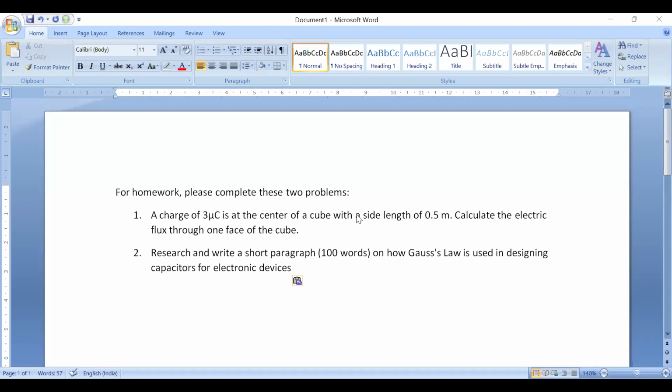Please complete these two problems. First problem: a charge of 3 microcoulomb is at the center of a cube with side length 0.5 meter. Calculate the electric flux through one face of the cube. Second: research and write a short paragraph of 100 words on how Gauss law is used in designing capacitors for electronic devices. So this is your homework.